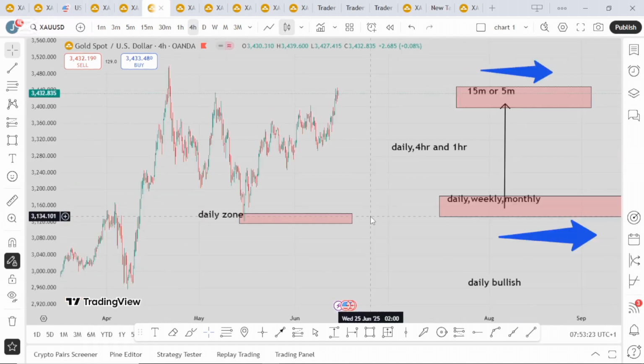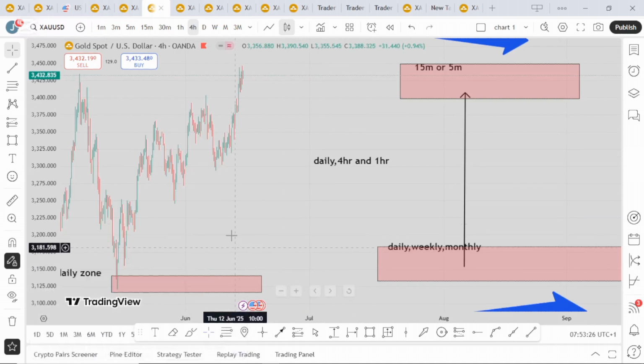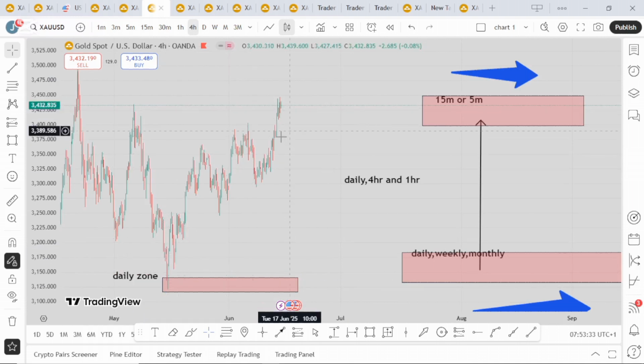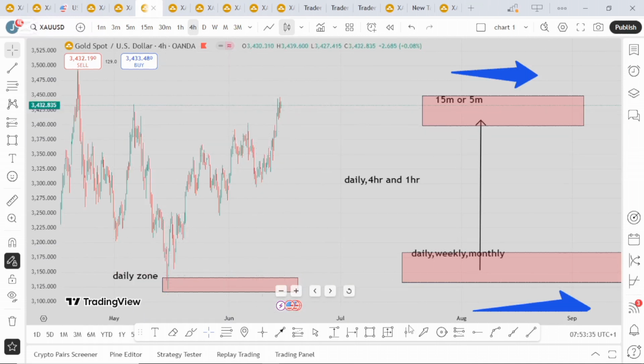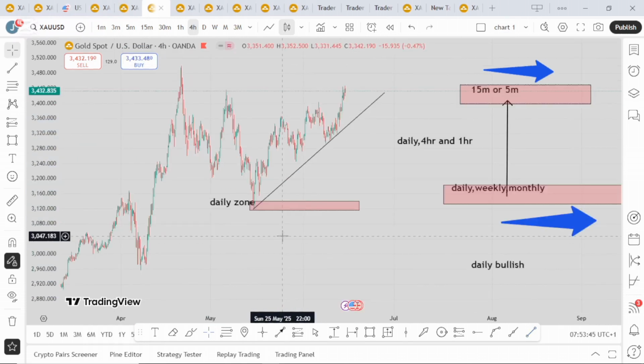Then our 4 hours. Now from our 4 hours, what can you see? Remember, this is the end of the daily time frame. So now here is where the 4 hours time frame is. From this zone to this zone, now you see what price is doing. Still going bullish. Why am I saying bullish?